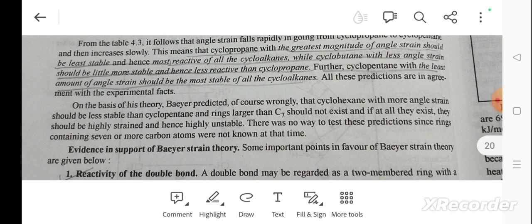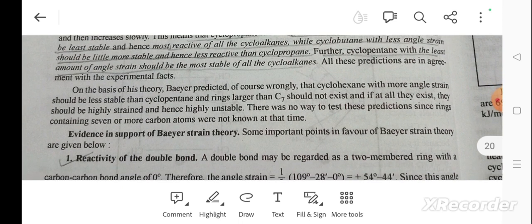Further, cyclopentane, with the least amount of angle strain, should be the most stable of all the cycloalkanes. All these predictions are in agreement with the experimental facts.